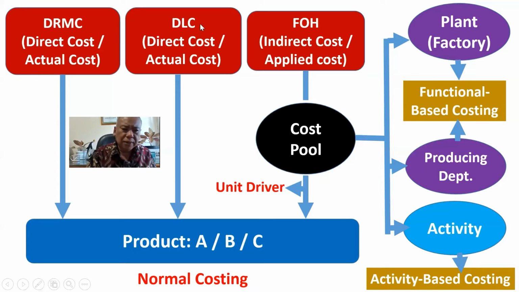Direct labor costs are also assigned to the product using actual costs, while the factory overhead is assigned to the product based on applied costs. How do we find the applied cost? We multiply the actual capacity times the predetermined rate.